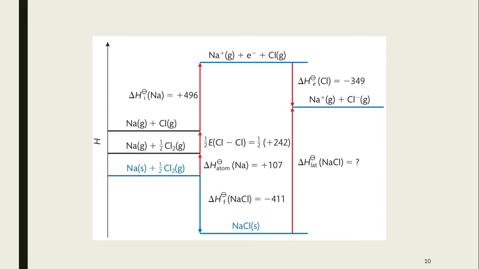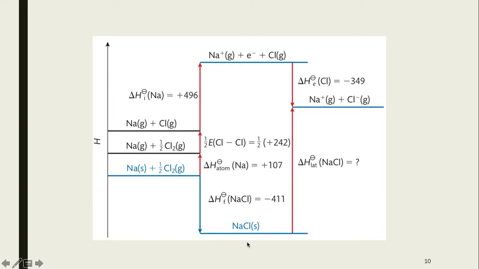We now just have to draw arrows to represent the enthalpy changes of each step. And as you can see, it forms a square or some sort of circular box. And that is going to be really important for our Hess's law.